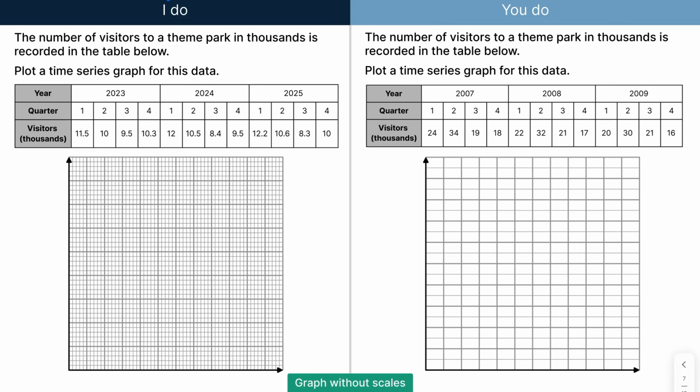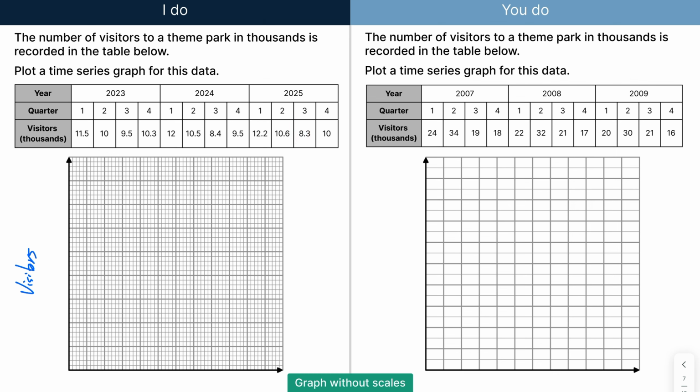And moving on to the last example then. So this time we have got the year and the quarters. So we'll start off on the easy part. The easy part here is probably going to be looking at the y-axis first. On the y-axis, we know that's going to have the visitors. So if I just write here, visitors. Okay, so the lowest number for visitors is that one there, 8.3, and the highest number looks like it is 12.